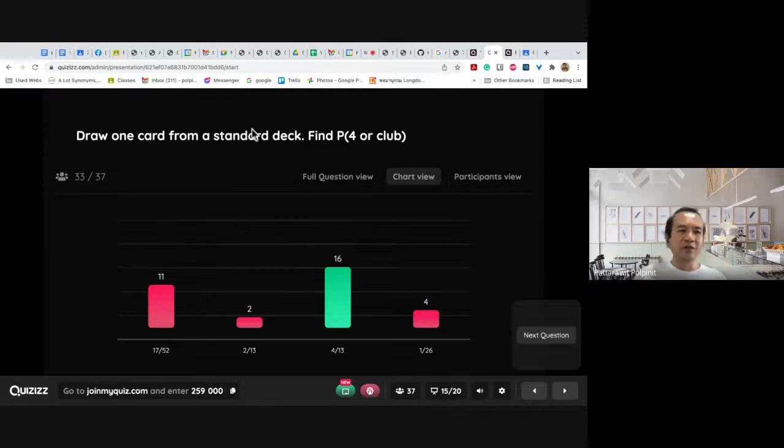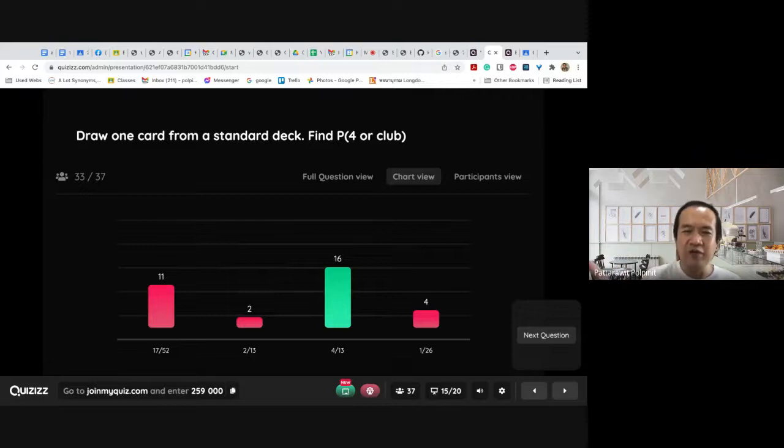Okay, so this one: draw one card from a standard deck of cards, find the probability of a 4 or a club. Again, the number of all possible cards is 52, but you have to find how many cards have the number 4 or are a club.